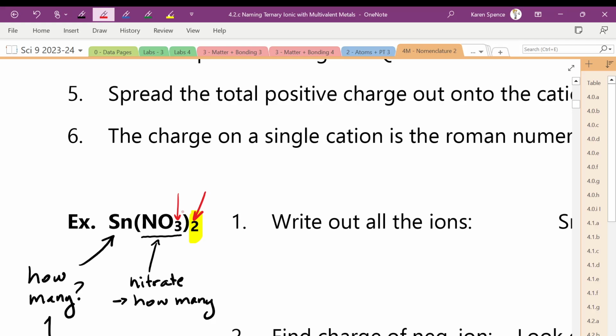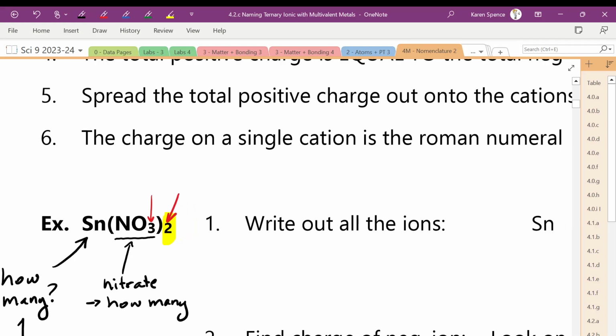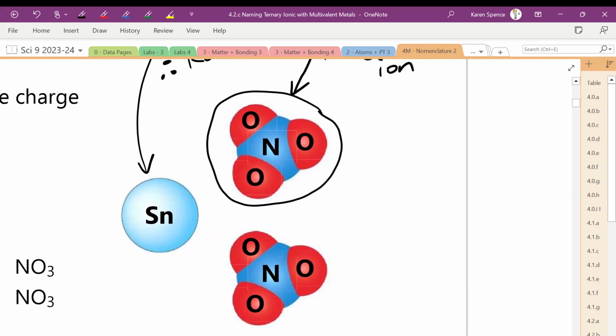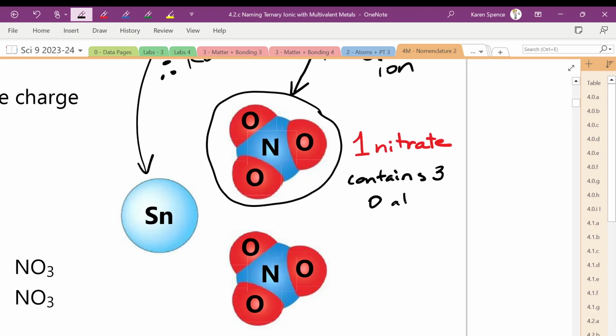Okay, we're going to go back and look at the picture. It tells us the number of oxygens in a single nitrate. So if we go look at the picture over here, this is one nitrate, and it contains 3 O atoms, which is why it is NO3.